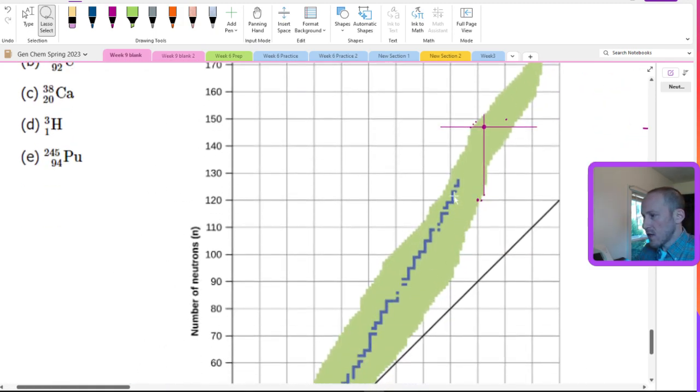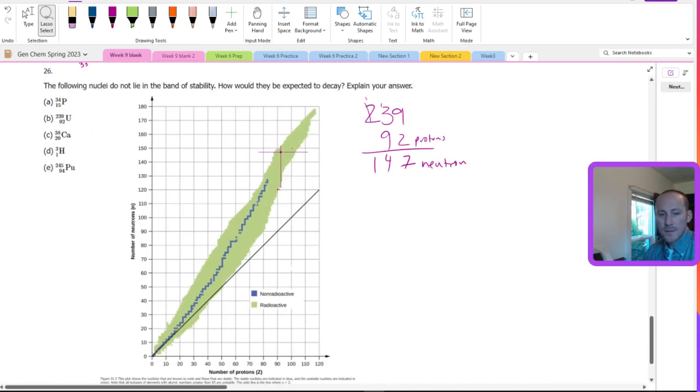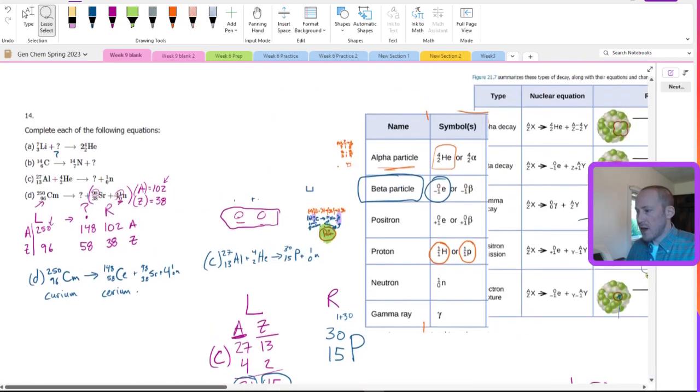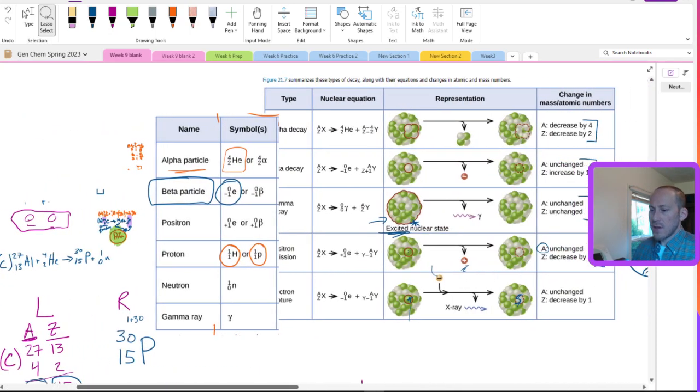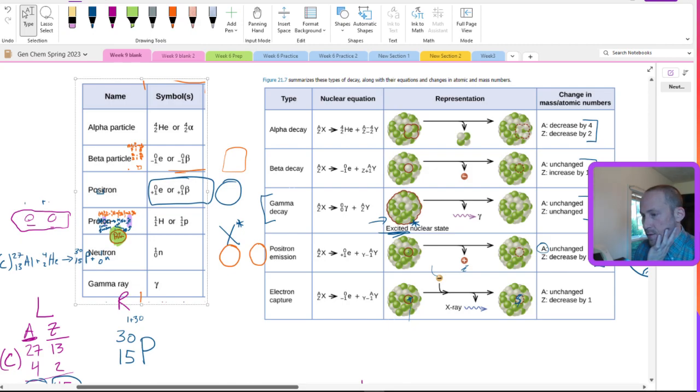And how is it going to get to something stable? Well, I think one good way to do that might be, here's our types of decay we can have. Not this table, but this one.